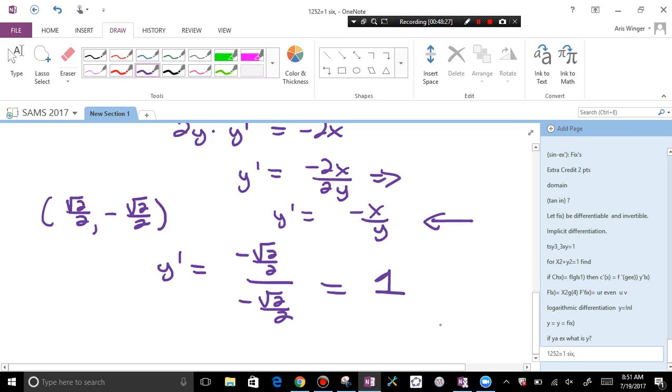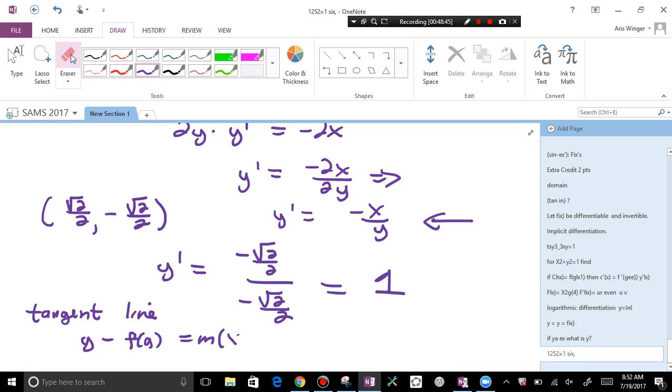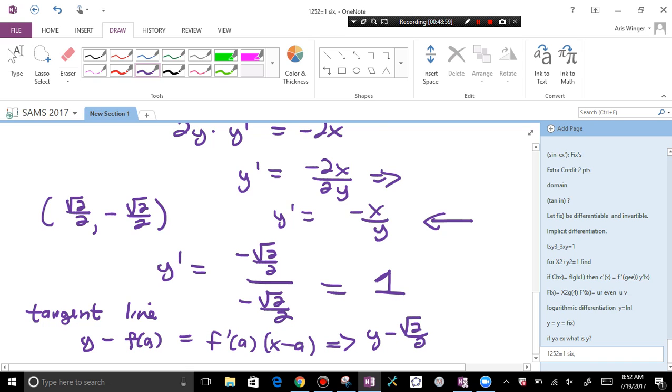Let's go ahead and write the equation of the tangent line and graph it. So now we have the slope. So the tangent line, y minus f of a equals m times, I'm sorry, we know m, it's f prime of a times x minus a. That gives us y plus the square root of 2 over 2 equals 1 times x minus the square root of 2 over 2.